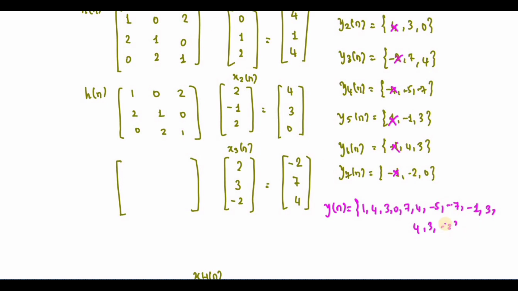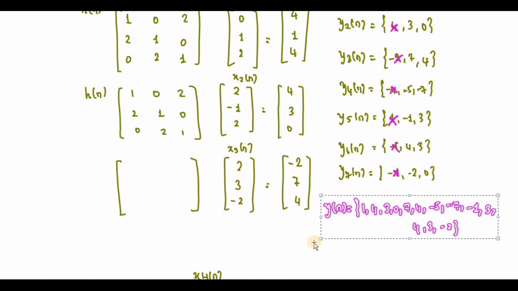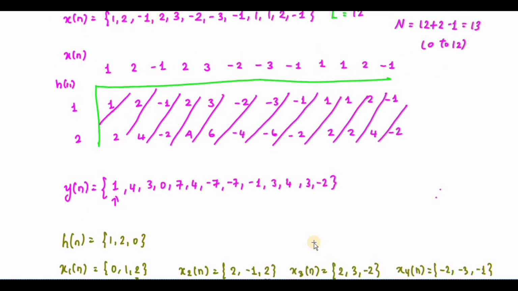Okay. So, now we can verify this entire thing with the linear convolution, whether I'm getting the same value or not. So, if I substitute here, you can see 1, 4, 3, 0, 7, 4, minus 7, minus 1, 3, 4, 3, and minus 2.